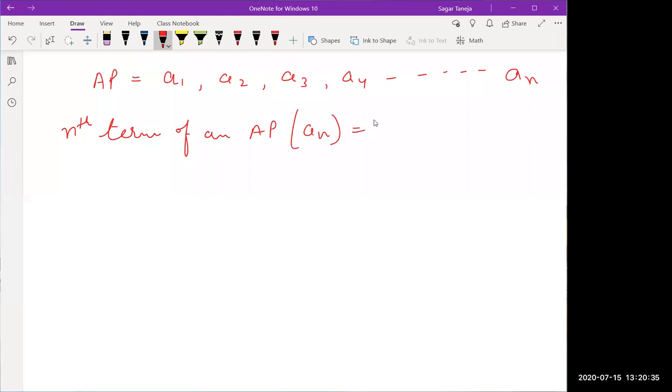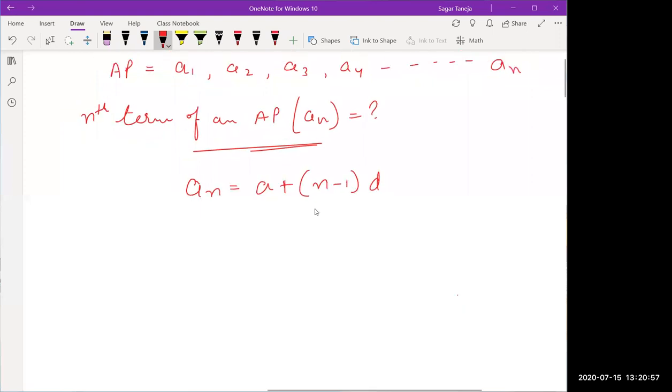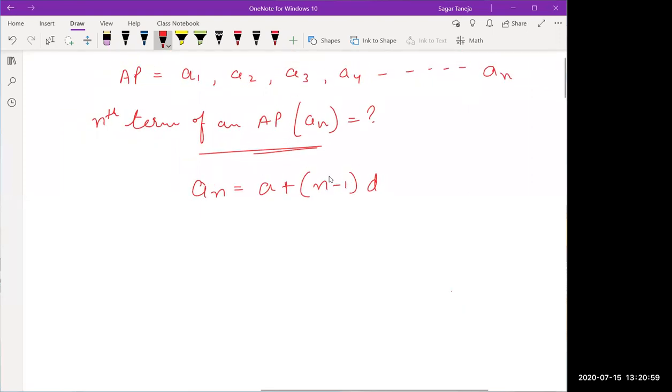an. So how to calculate that? For this we have a formula: an is equal to a plus n minus 1 d. So this formula we are going to use if we have to calculate anything.